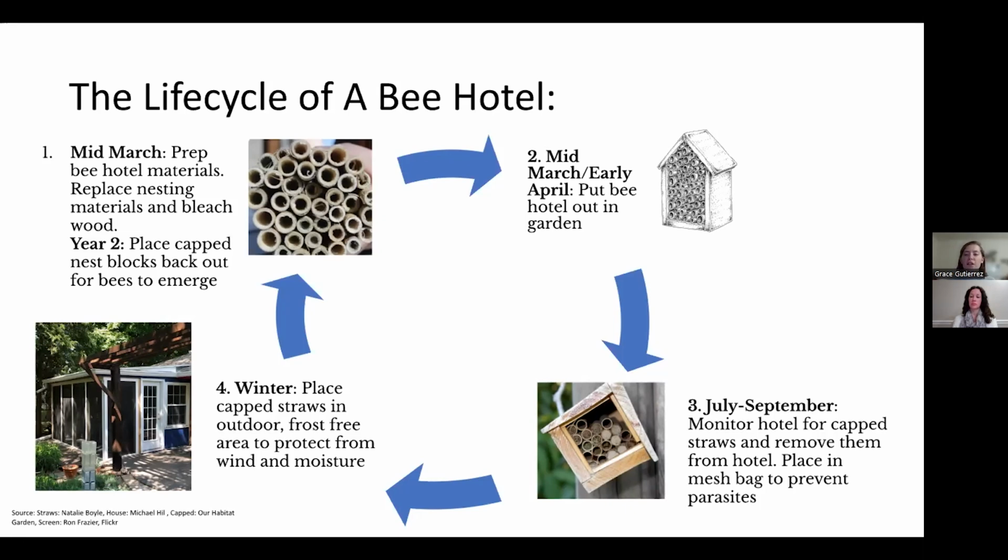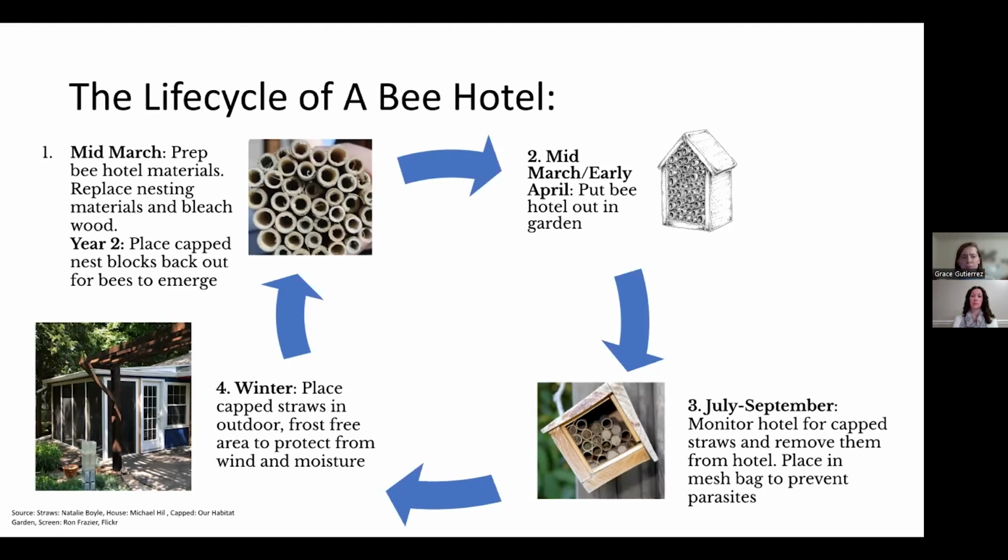So that's finding a nesting resource, aka your bee hotel, gathering pollen to create that pollen ball that was in a previous picture. It's fine if you don't remember, but she creates the pollen ball and then lays the egg on the pollen ball, so the egg will eat the pollen and develop.